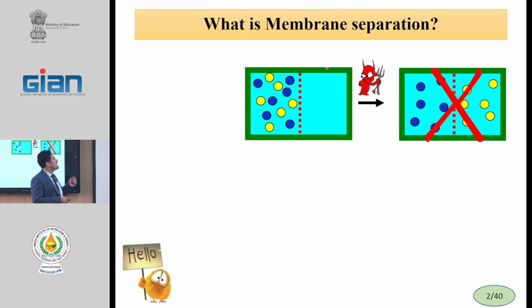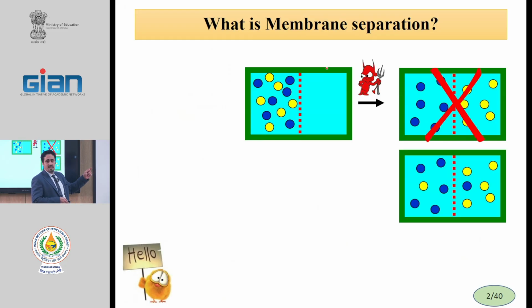That means some molecules cannot pass, and some solvents, some ions, or some molecules can pass. Therefore, the selectivity is not infinite.